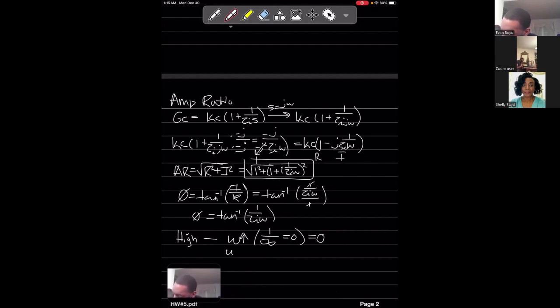And then when our omega is very low, so we have like 1 over 0.00001, that'll actually give us pi over 2, so 90 degrees, well, negative 90 degrees.